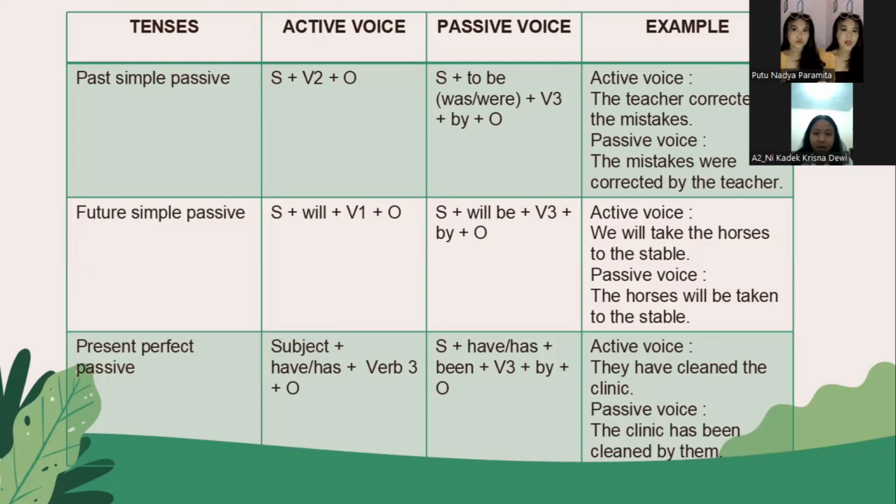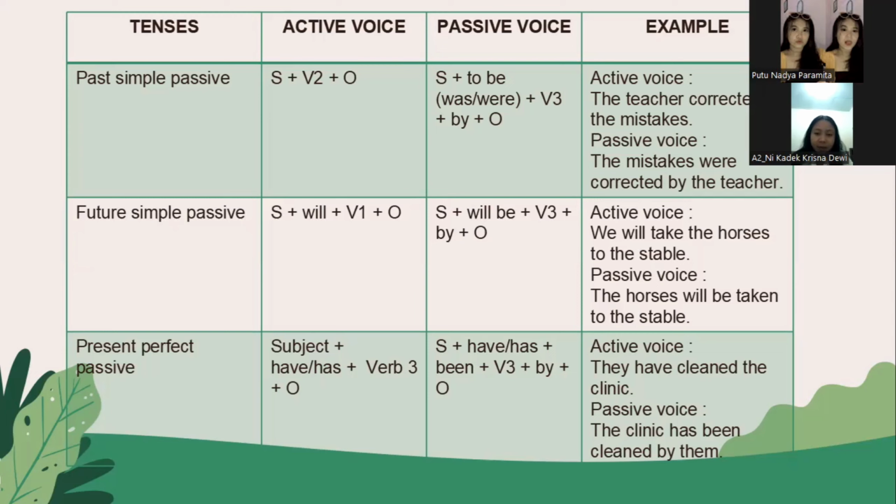Number 4 is future simple passive. Future simple passive is used to talk about an action that is going to happen in the future. In the passive voice, emphasis is put on the effect of an action rather than on the doer.